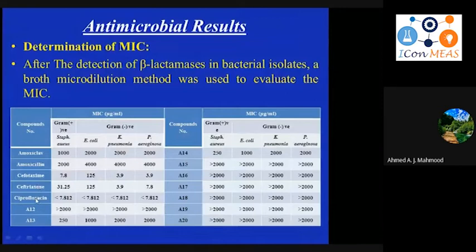The most sensitive compound was ciprofloxacin. The rest are our synthesized compounds. We noticed that only two compounds, A13 and A14, have a sensitivity similar to amoxicillin or more than it.